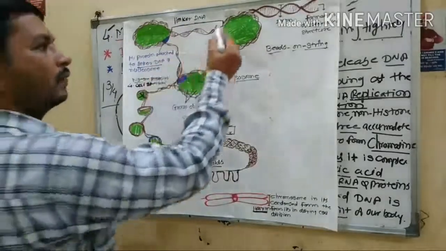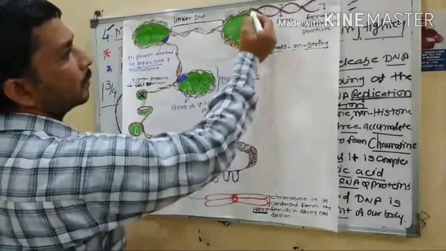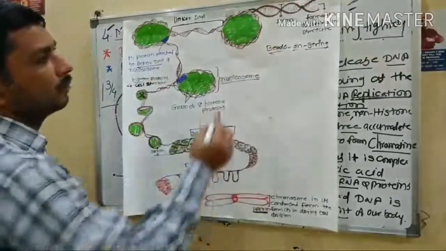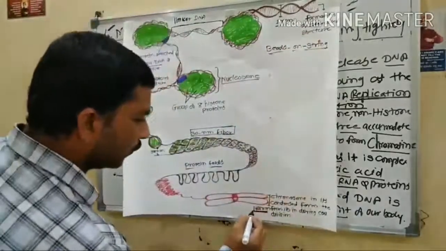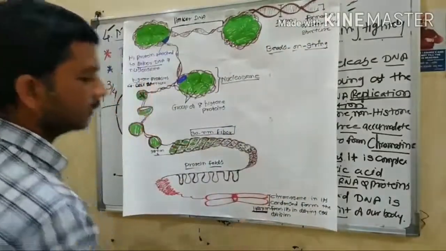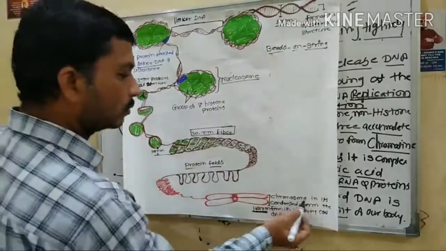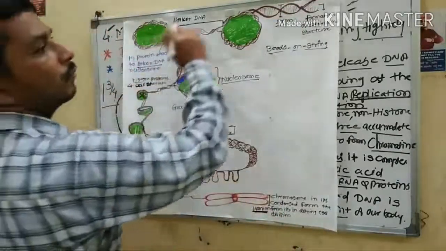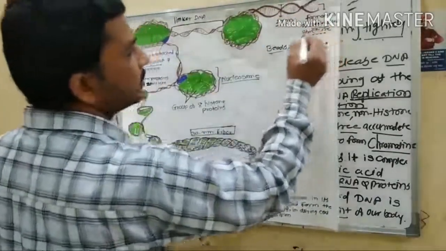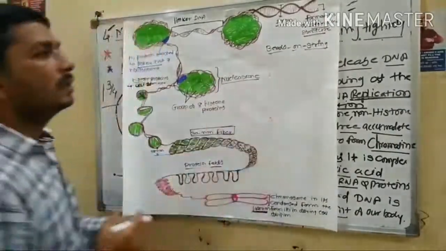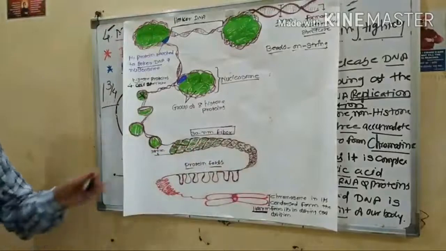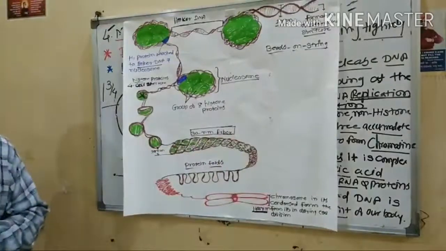Then after the completion of the coiling process, the 1400 nanometer chromosome forms a supercoiled structure inside the nucleus.